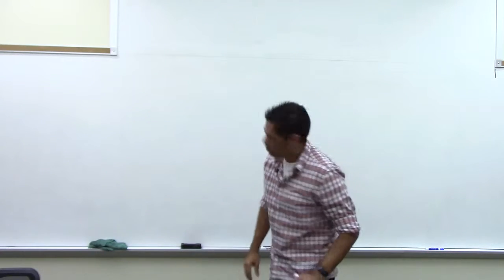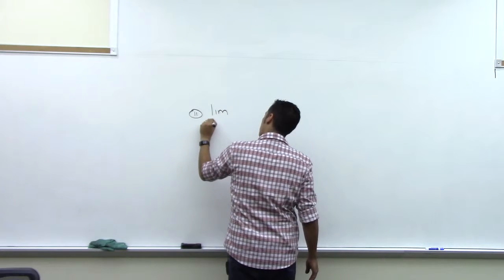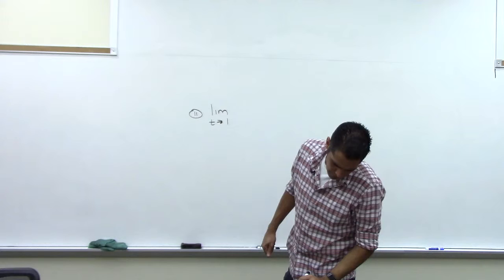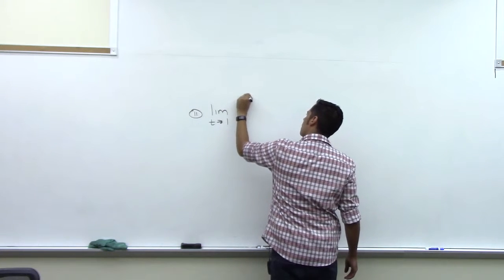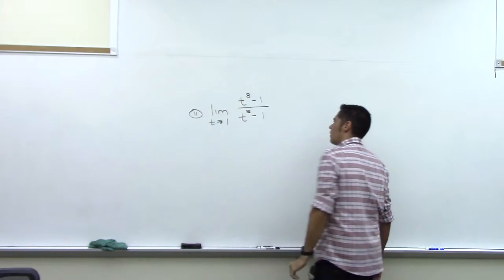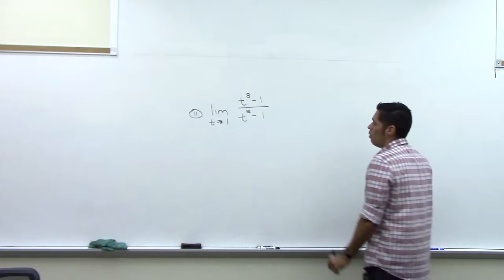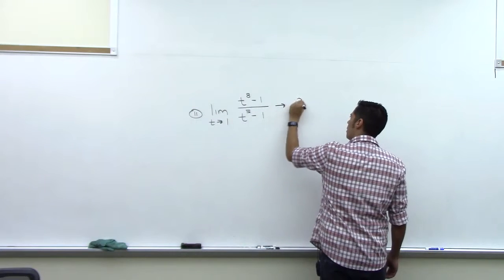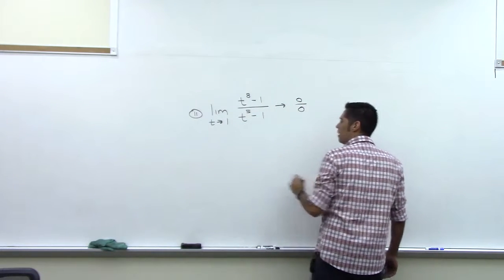Limit as t goes to 1 of t to the 8th minus 1 over t to the 5th minus 1. All right, let's let t go to 1. 1 to the 8th power is 1, minus 1 is 0. 1 to the 5th power is 1, minus 1 is 0. So we have what we need for L'Hopital.